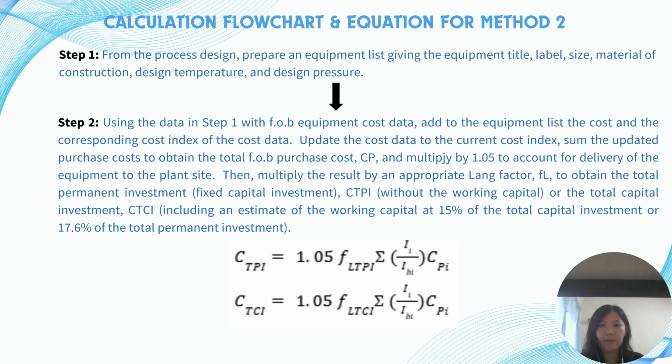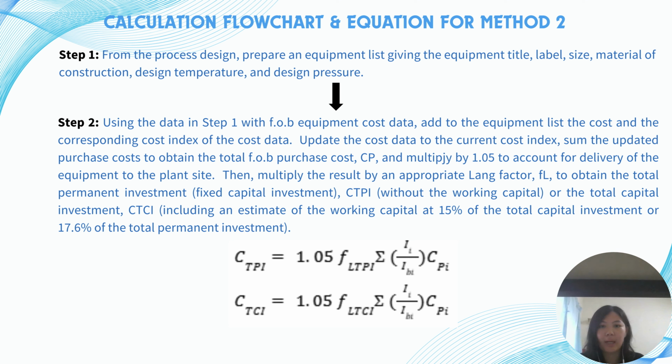And this is a calculation flowchart and equation for method 2. Step 1. From the process design, prepare an equipment list giving the equipment title, label, size, material of construction, design temperature, and design pressure. And step 2. Using the data in step 1 with FOB equipment cost data, add to the equipment list the cost and the corresponding cost index of the cost data.